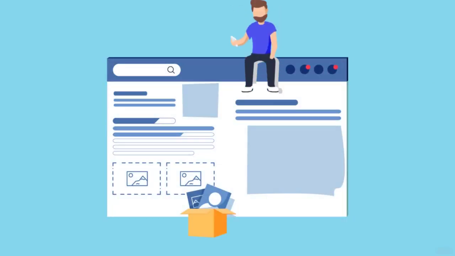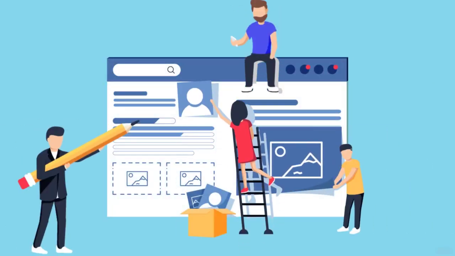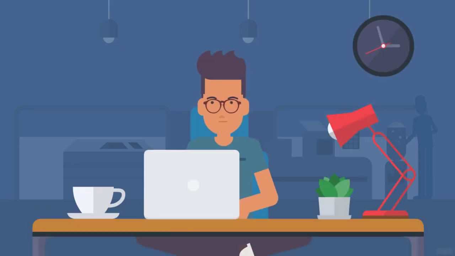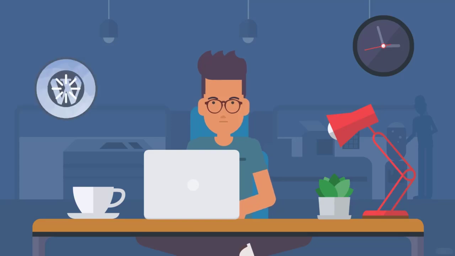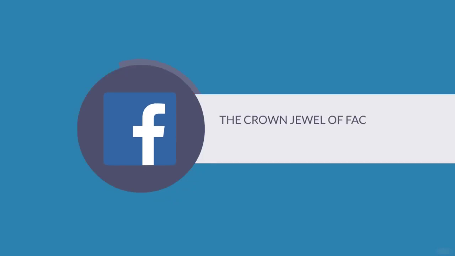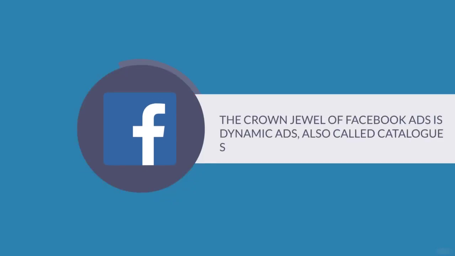With conversion rate ranking, you truly need your website to be performing well. That is why we're showing you in this course how to create an outstanding website on WordPress without any coding. The crown jewel of Facebook ads is dynamic ads, also called catalog sales.